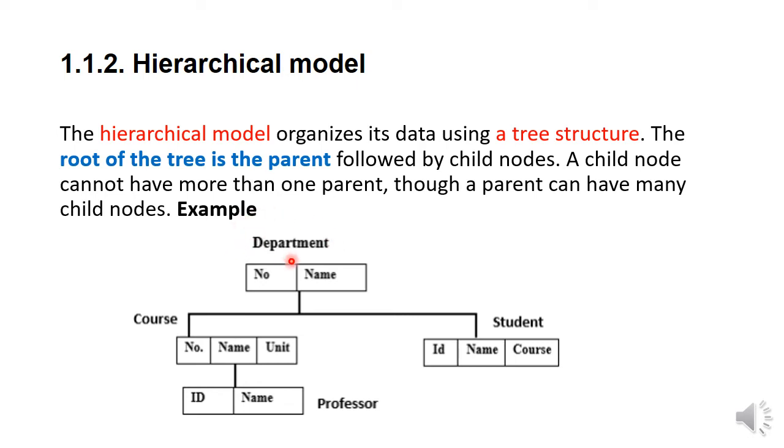The fields or the attributes of this are department number, because for example at a university there are many departments and each one has its own number to differentiate it from others. So we have number and the name. So the degree of table department is 2 because it has only 2 fields.